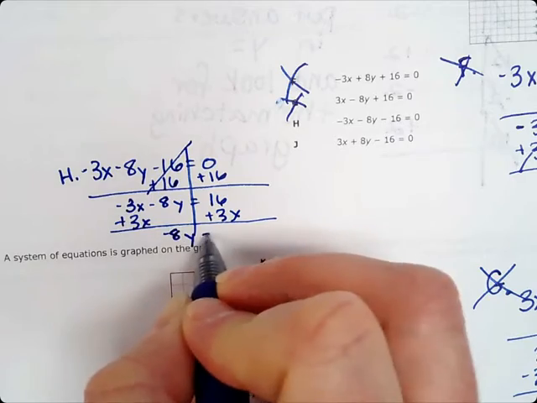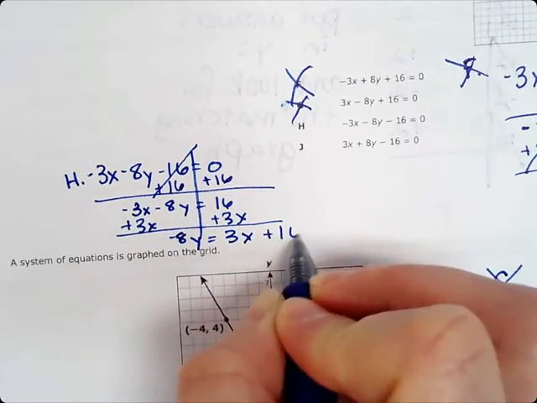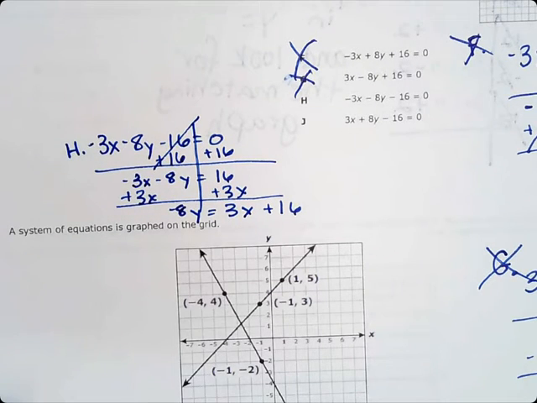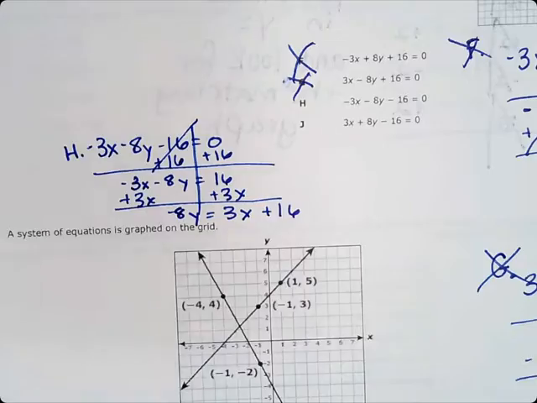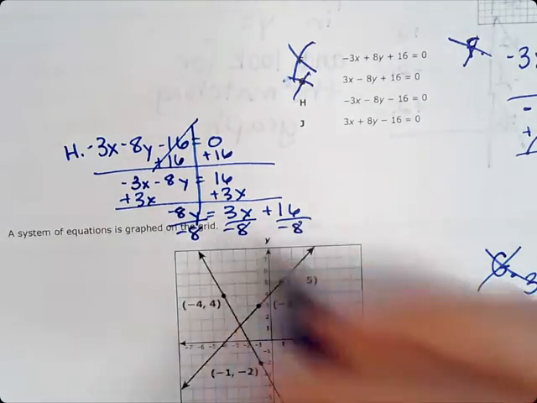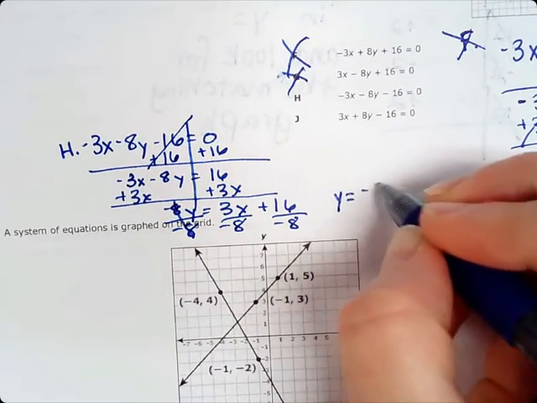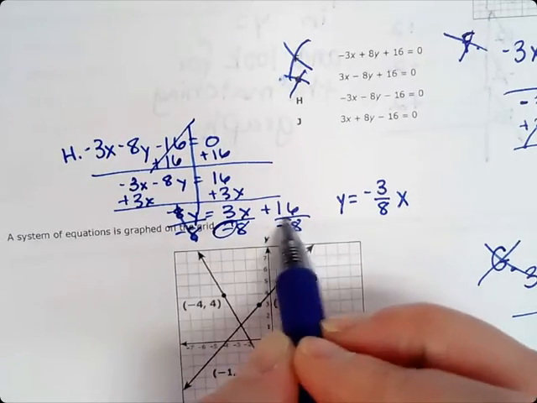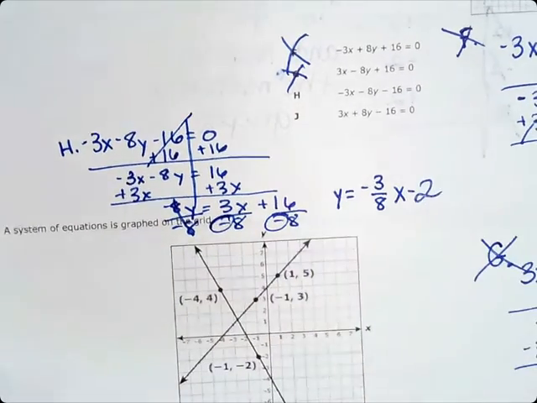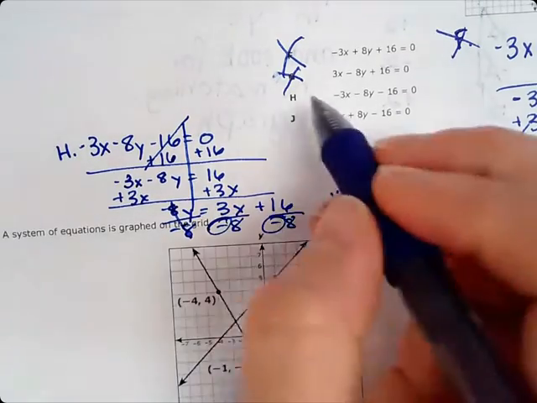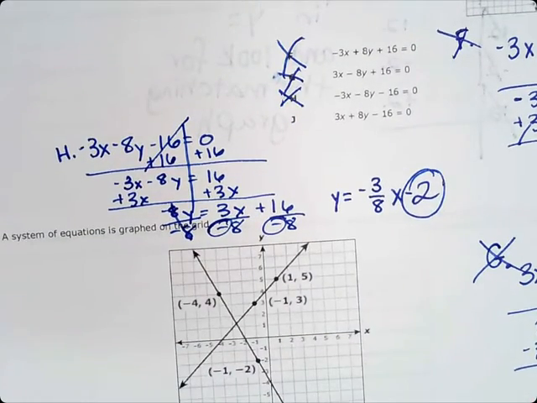Negative 8y equals 3x plus 16. Divide by a negative 8. So y equals negative 3 over 8x. Because there's only one negative, so it comes out front. This one only has one negative, so that's a negative 2. So what's wrong with this one now? It's got a negative 2.